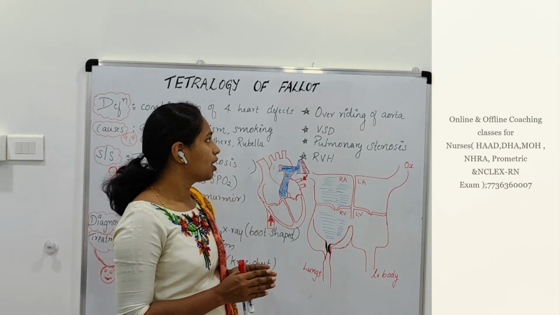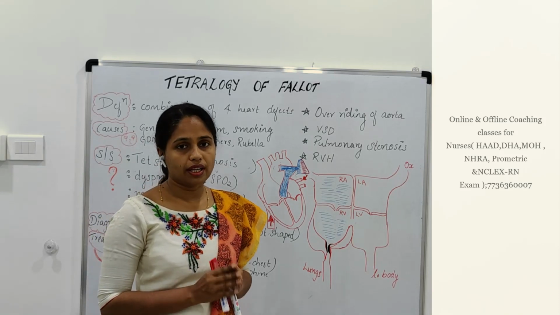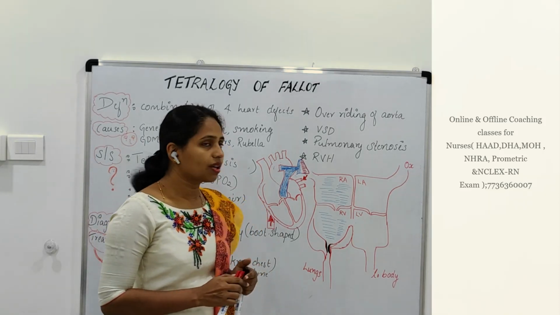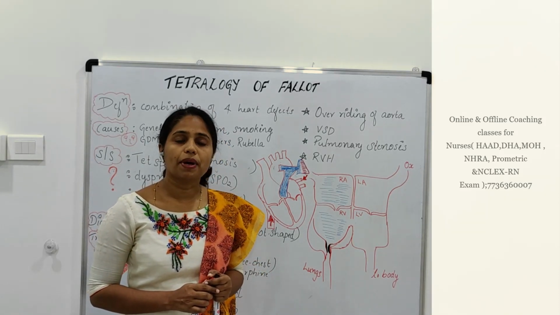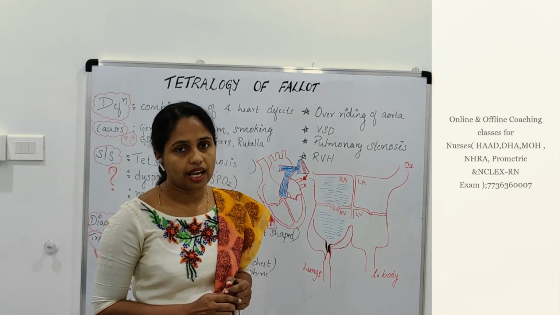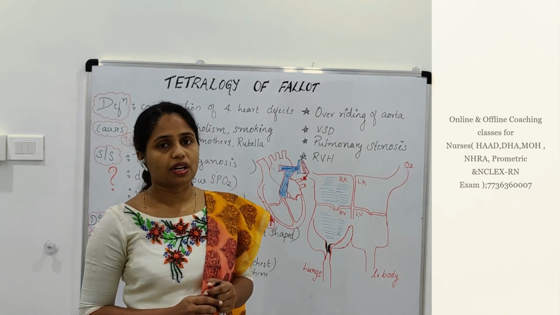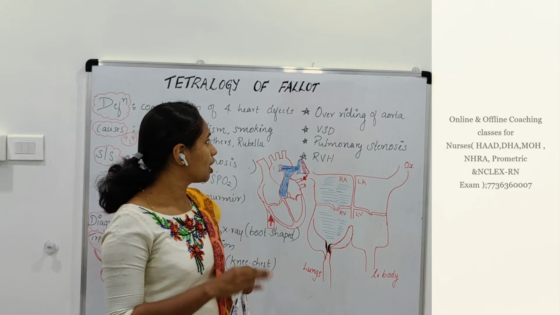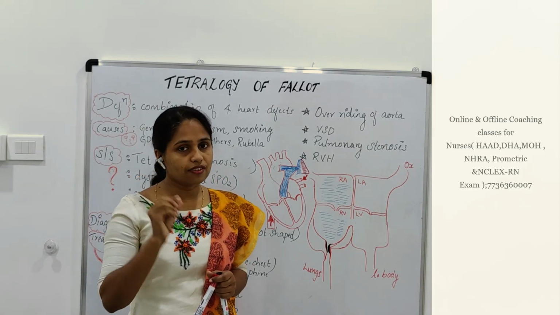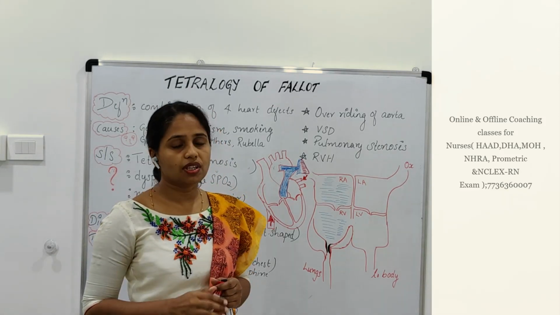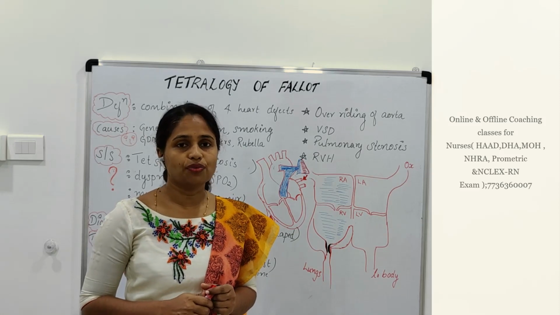I repeat, overriding of aorta, ventricular septal defect, pulmonary stenosis and right ventricular hypertrophy. These are the 4 congenital defects associated with Tetralogy of Fallot.